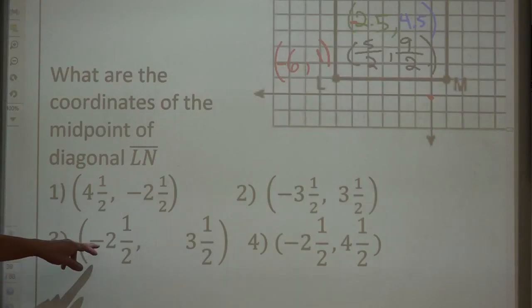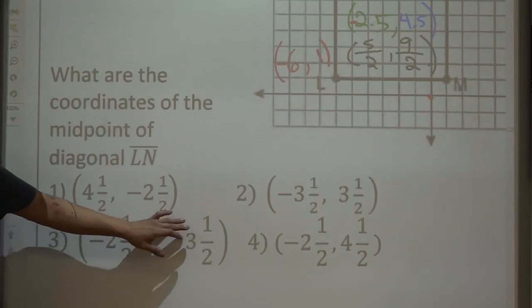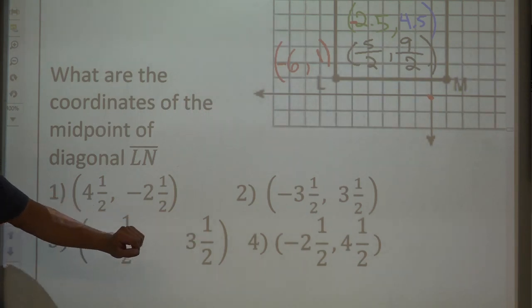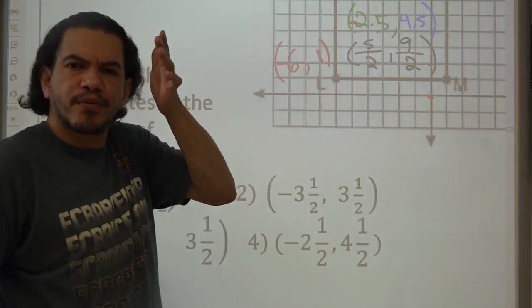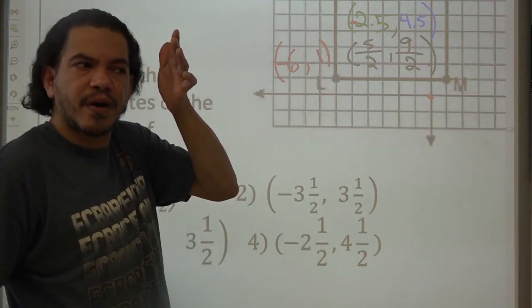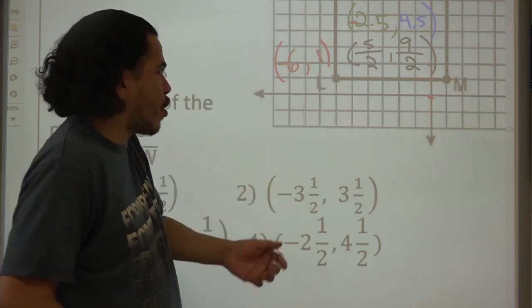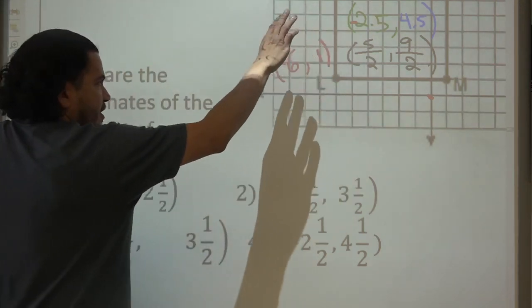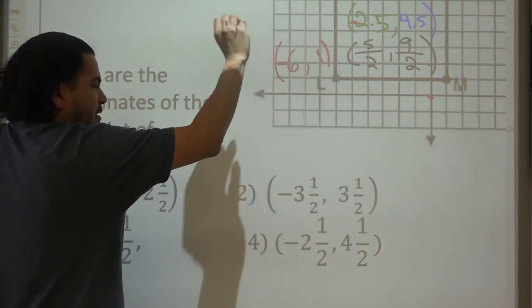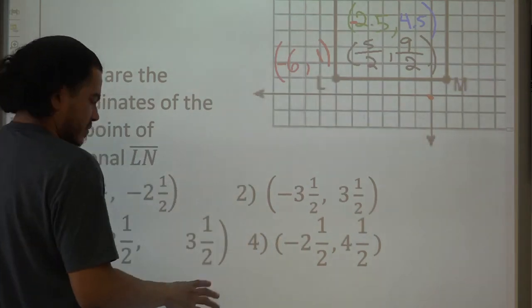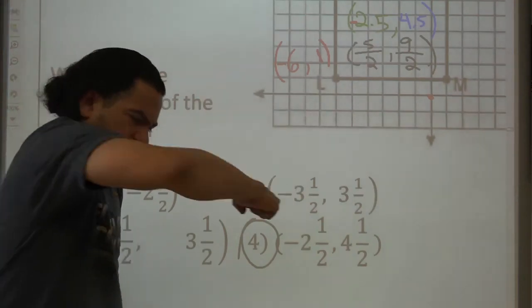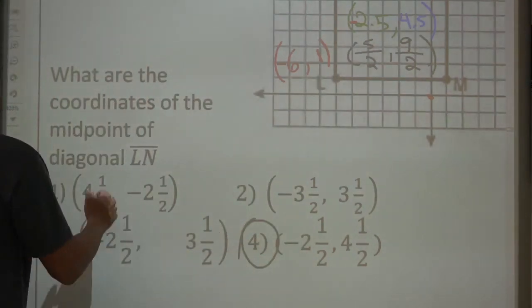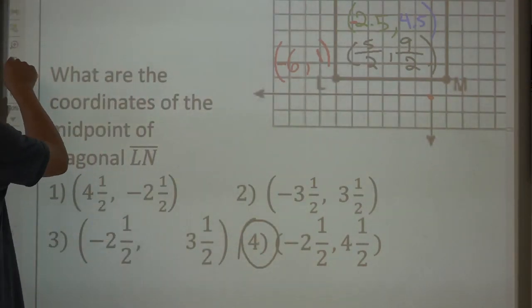Where do I have negative 2.5, comma 3.5? This is not 3.5 because 9 divided by 2 is 4.5. So negative 2.5, comma 4.5. Oh, we found it. Nice. Okay, let's move on to another problem.